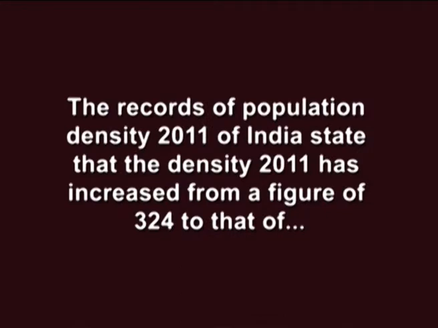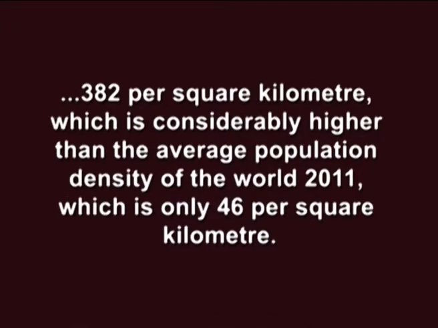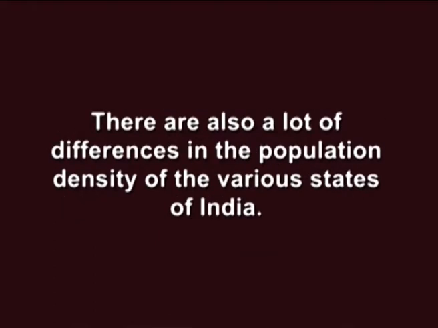The records of population density of India state that density in 2011 has increased from a figure of 324 to 382 per square kilometer, which is considerably higher than the average population density of the world in 2011, which is only 46 per square kilometer. There are also a lot of differences in the population density of the various states in India.